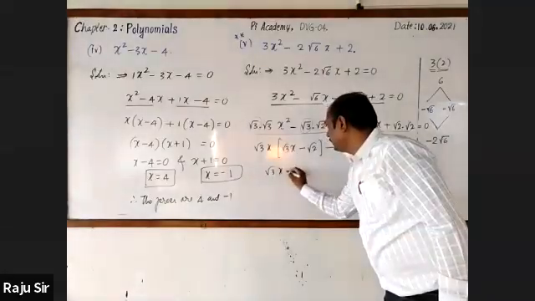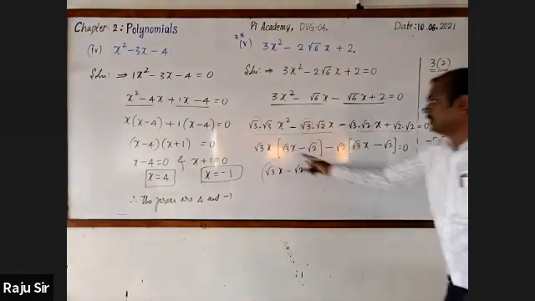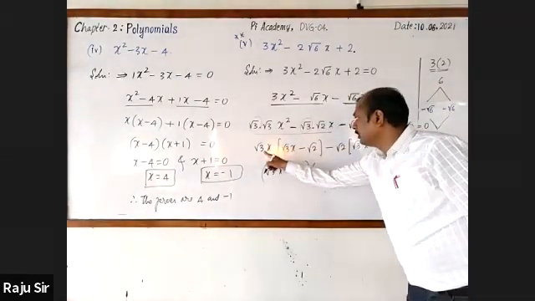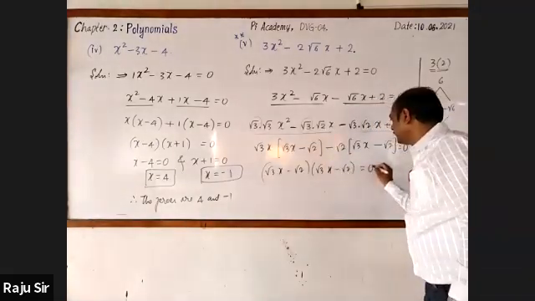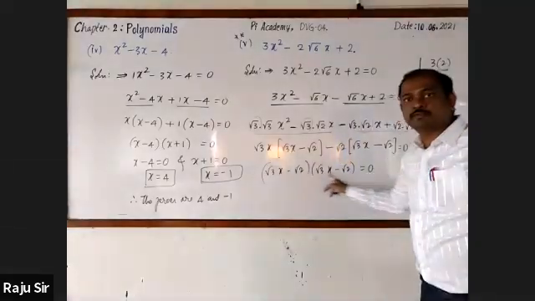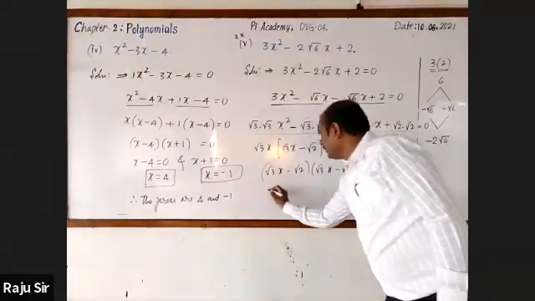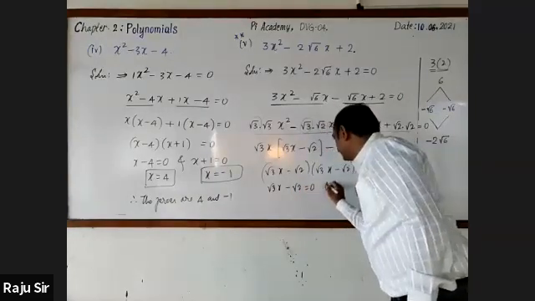Now, in the whole statement, root 3 into x minus root 2 is common factor. Remaining root 3 into x minus root 2 equal to 0. Equate each of these to 0. Root 3 into x minus root 2 equal to 0.